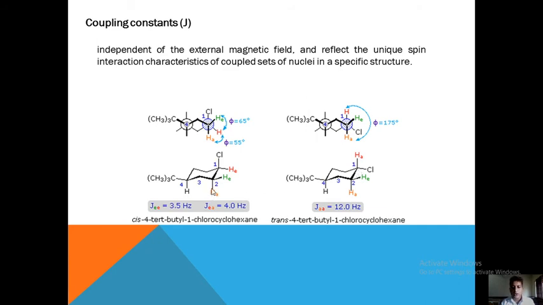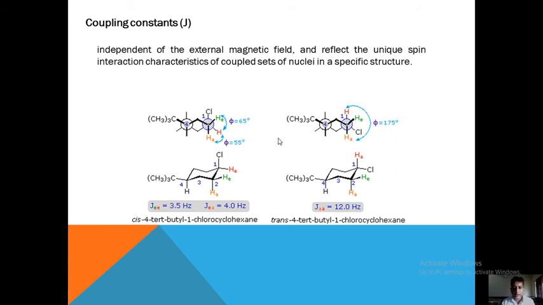The listed values for the dihedral angles and the corresponding coupling constants suggest a relationship which has been confirmed and clarified by numerous experiments. The relationship is expressed by the Karplus equation.